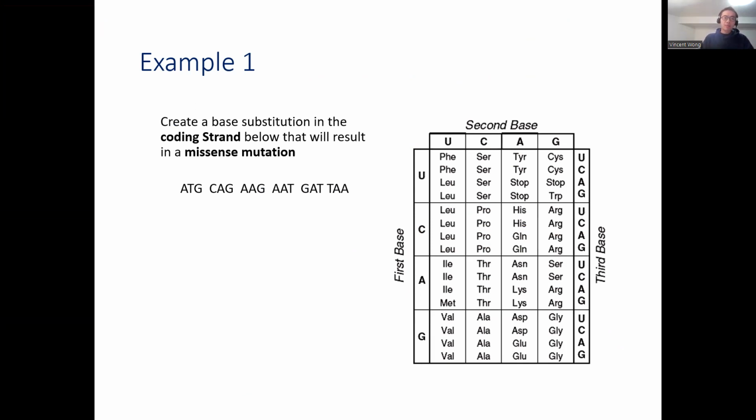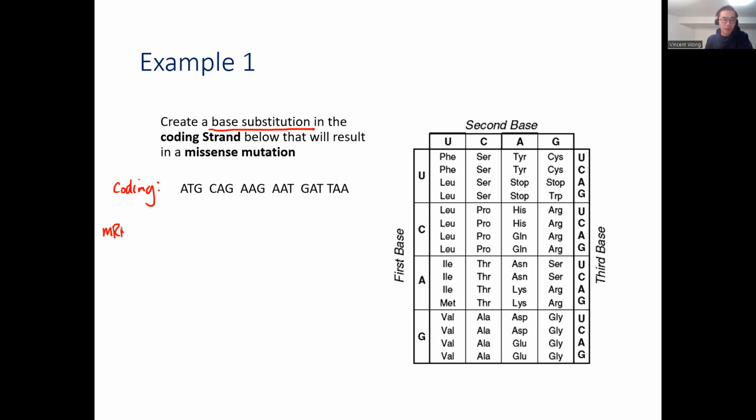Create a base substitution. Base substitution means you only change one nucleotide in the coding strand. This is the coding. That will result in a missense mutation. So the easiest way to create a missense mutation, well, actually, you know what?